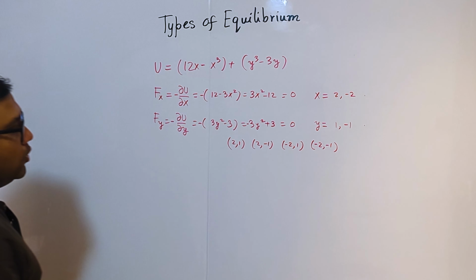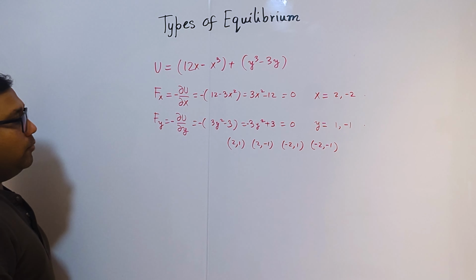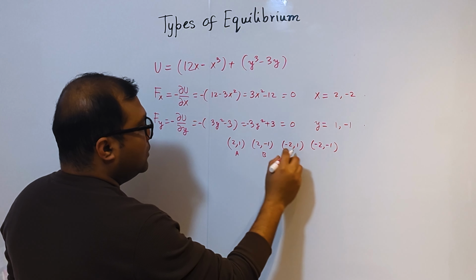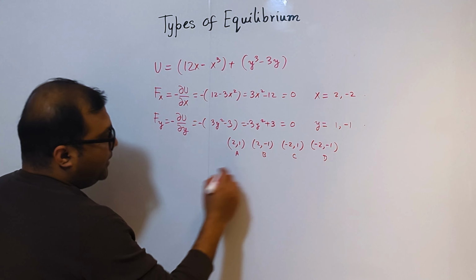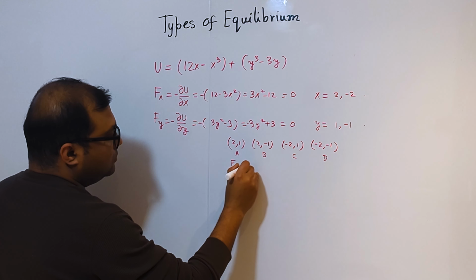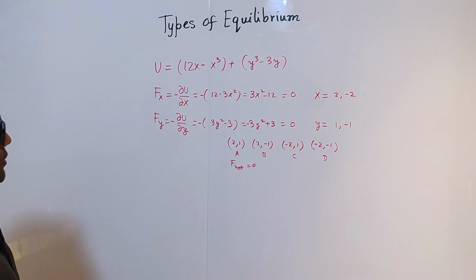So these are the four possible points of equilibrium. Okay, so points A, B, C, and D. We can say at A, B, C, and D, F net is 0. Therefore, these are the four positions of equilibrium.